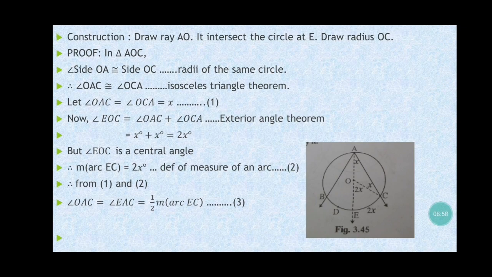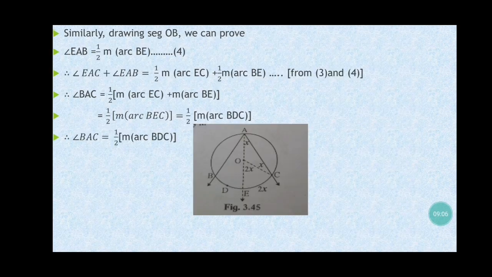When we add that, what do we get? Left hand side will be added to left hand side, right hand side will be added to right hand side. Okay. So the equation that we get is angle EAB plus angle EAC is equal to half measure arc EC plus half measure arc BE.